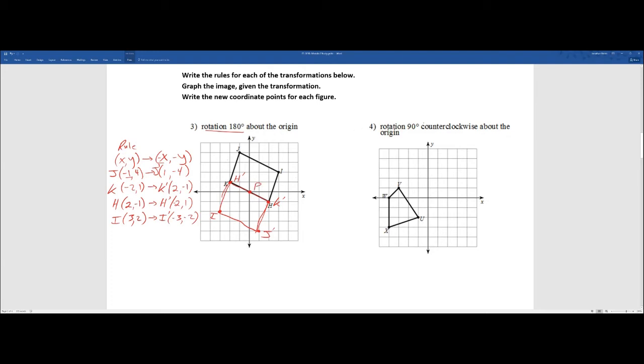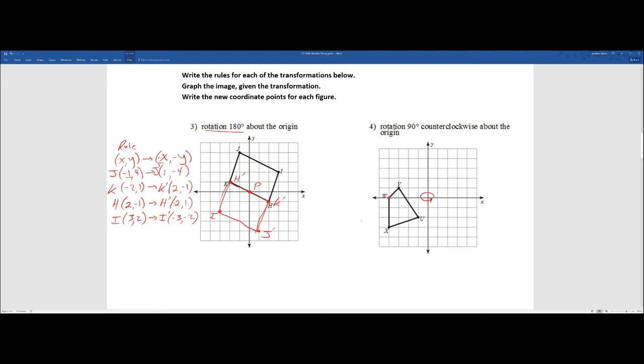Okay, number 4, rotation of 90 degrees, counterclockwise. So again, counterclockwise is this way. Now what's the rule for rotation of 90 degrees? Well, let's figure this out. If we were to rotate, let's say W, for example, if we were to rotate him, something has to flip, right?